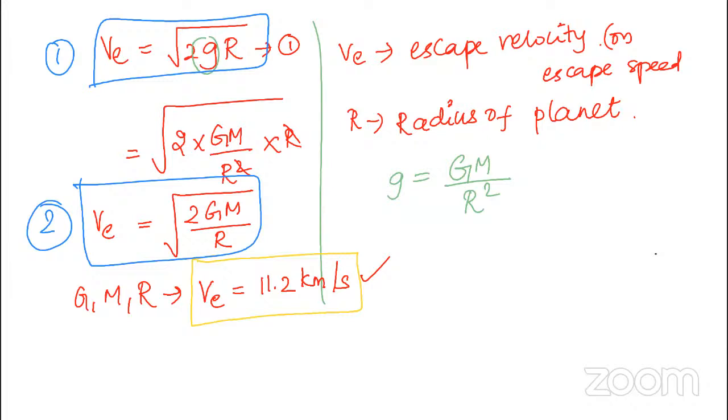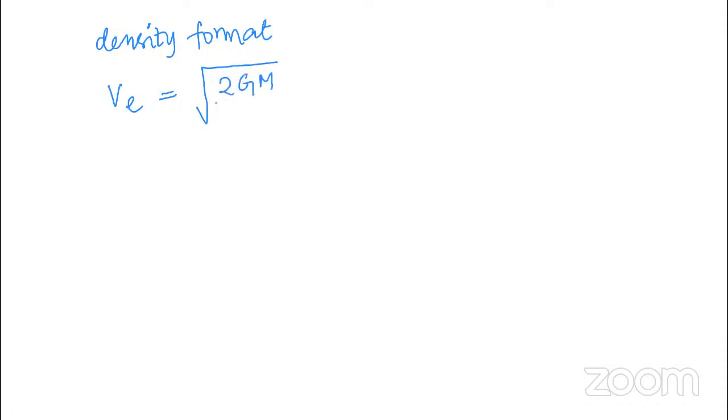Right? Now we can see the same formula in density format. Okay, how to write this VE formula in density format. VE is equal to square root of 2GM by r.